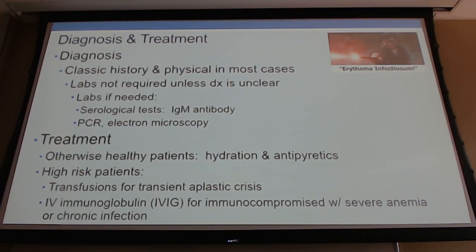There's probably money there, and we could probably do some stuff with that. For the rest of the kids, same symptomatic care: hydration, antipyretics, and then transfusions if you have highly symptomatic cases, and potentially IVIG if they are very, very sick. Kids with that underlying issue.